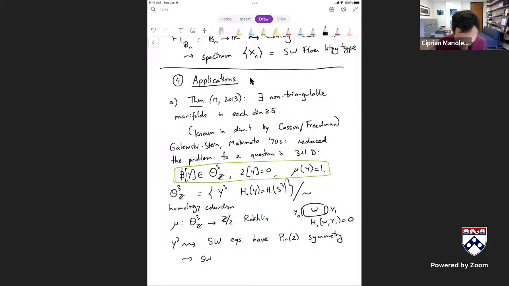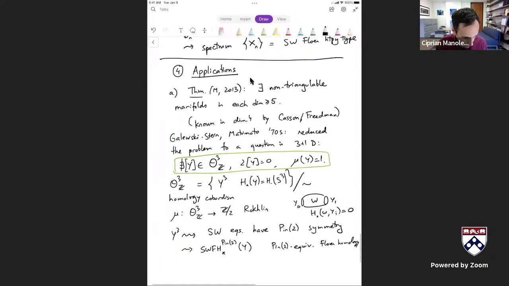And you construct the Seiberg-Witten Floer homology, which is Pin(2)-equivariant. So you just need homology, but you need it to be equivariant. And it's hard to construct equivariant theories using just Morse complexes.